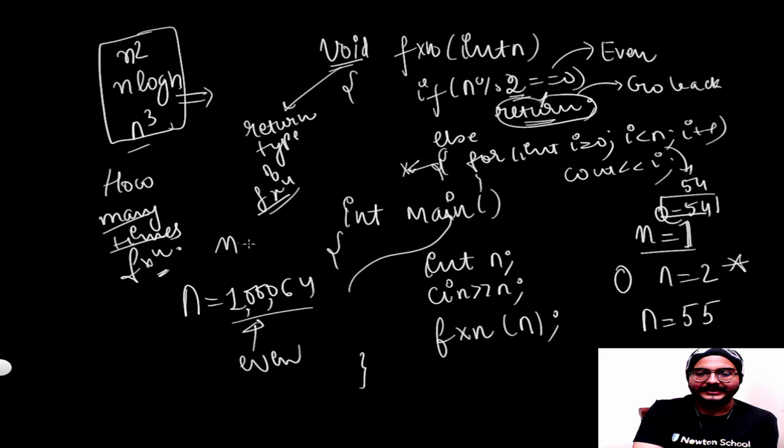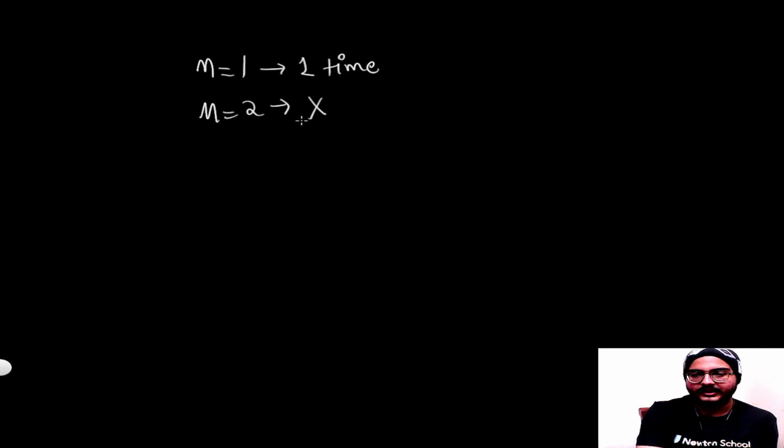Let's say that we do n equals 3. So this loop will run for 3 times. Now you can see that when n was 1, this loop was running for 1 time. When n was 2, this loop was not running at all. When n was 3, this loop was running for 3 times. When n was 4, this was not running at all.